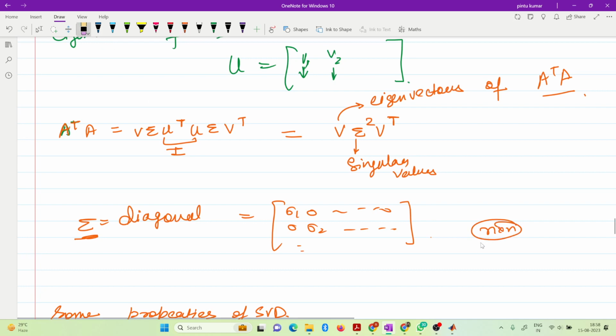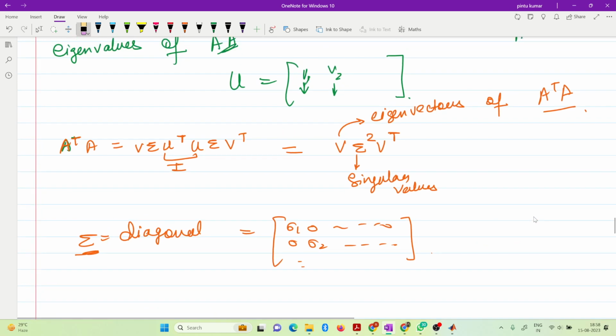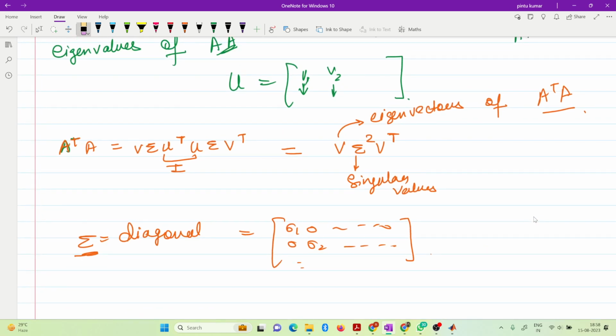But because this is a diagonal matrix, even if sigma transpose is not equal to sigma, it's the singular values sort of squared. So they don't have the same size.